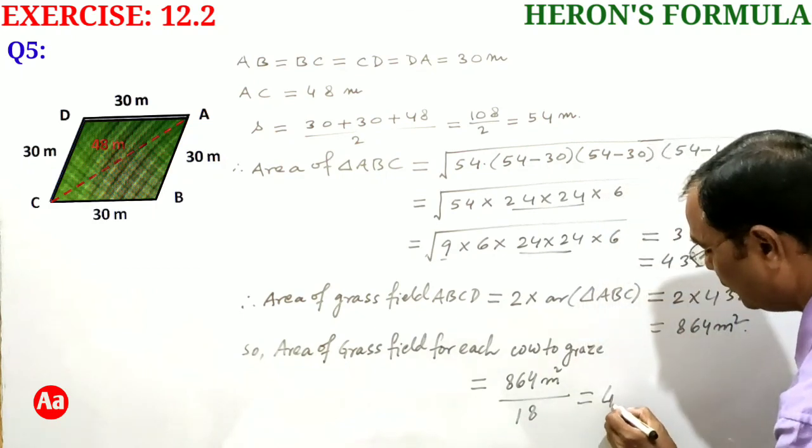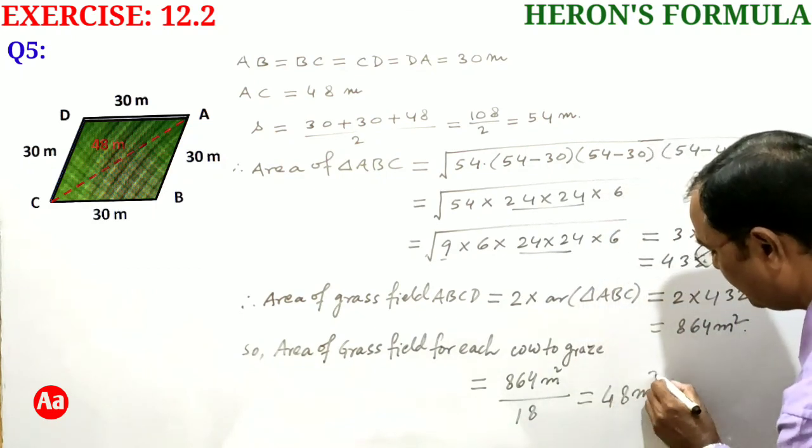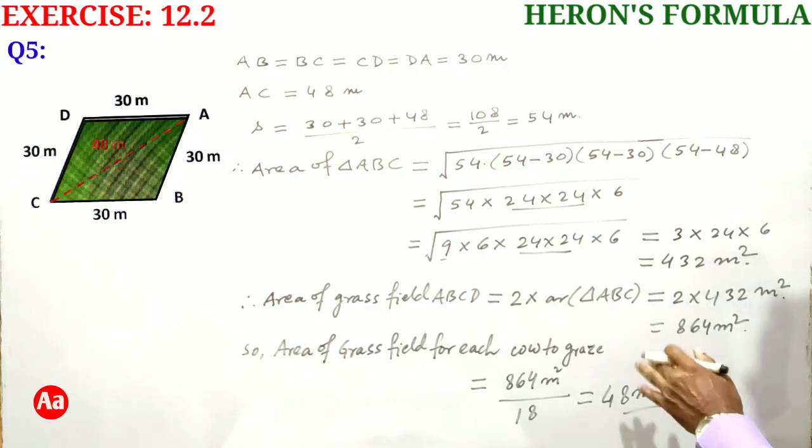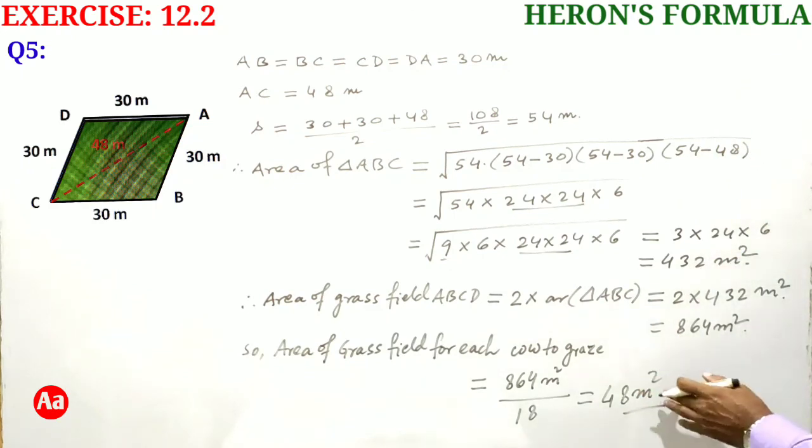This is equal to 48 meter square. So this is the required area of the grass field that each cow will get. So this is the answer.